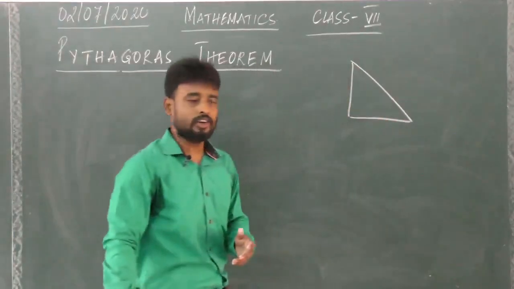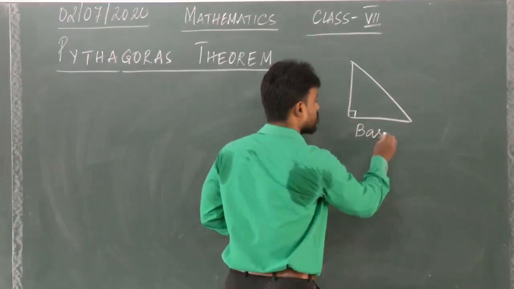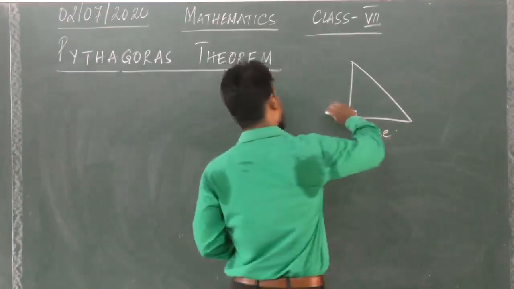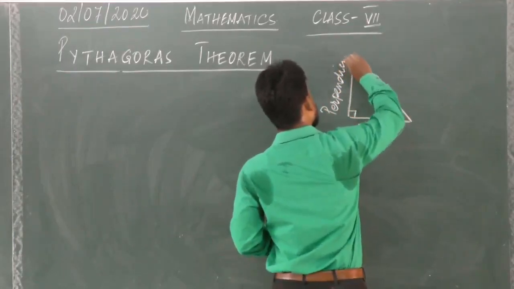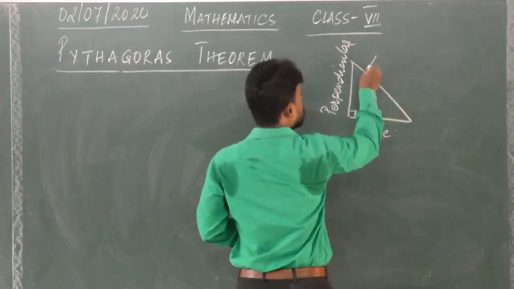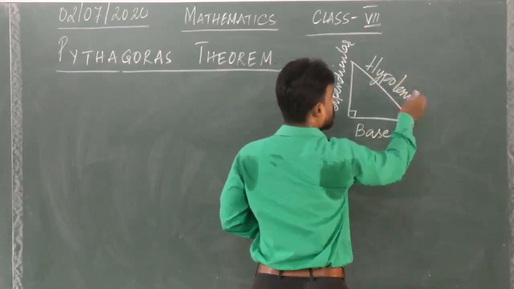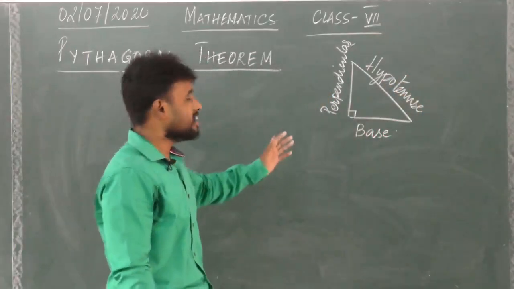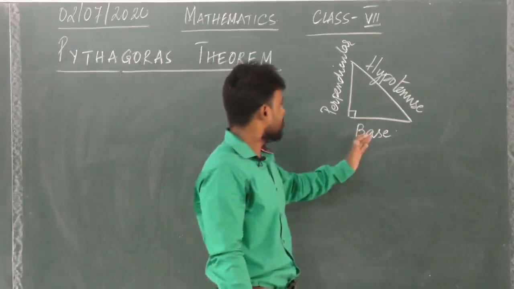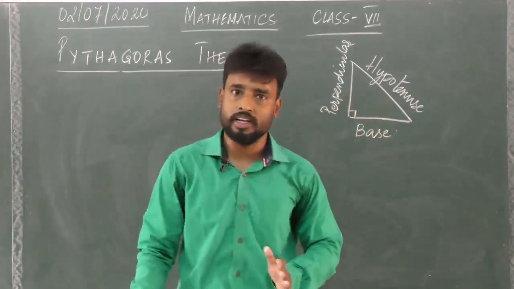This is a right angled triangle where this is called the base, this is called the perpendicular, and this is called the hypotenuse. Pythagoras said that there is a relationship between the base, perpendicular and hypotenuse of a right angle triangle.